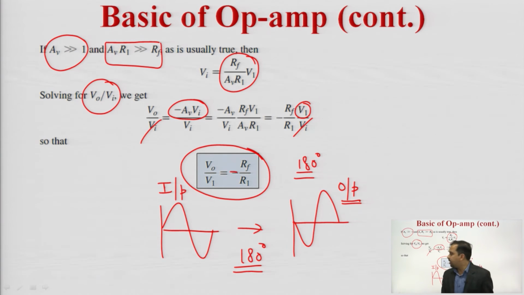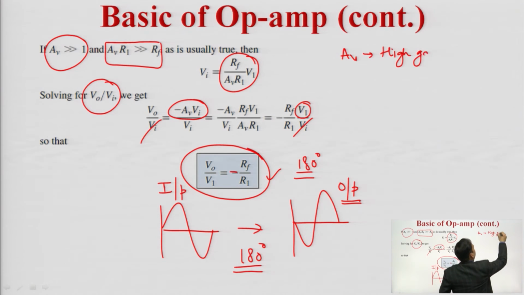Now we can say that previously the gain was very high. Now this gain is minus of Rf by R1. So we'll be commenting on this also, that this high gain, which is AV, is not so advantageous, because high gain corresponds to low stability.